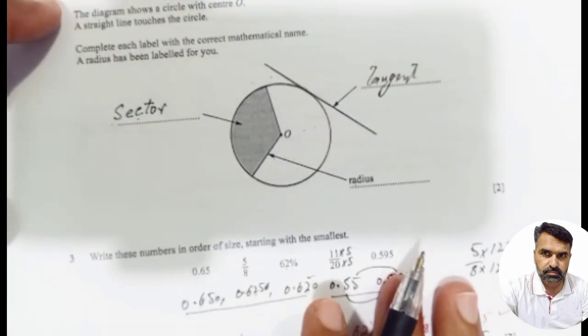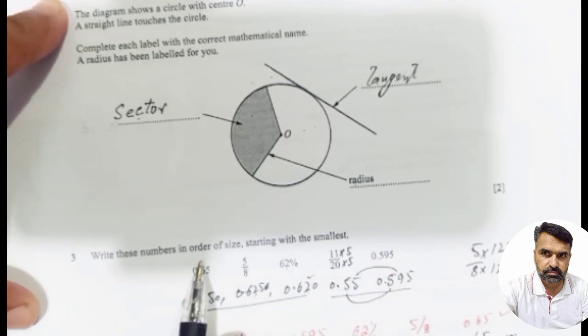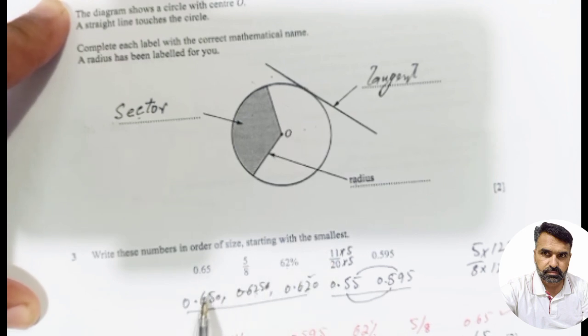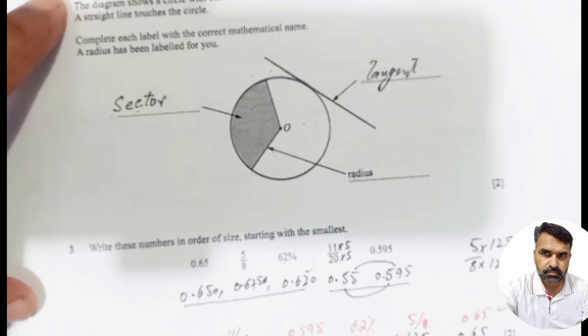Question number 3 is: write these numbers in order of size starting with the smallest. Students, here are some numbers: 0.65, 5 over 8, 62%, 11 over 20, and 0.595. We have to arrange these numbers in ascending order.